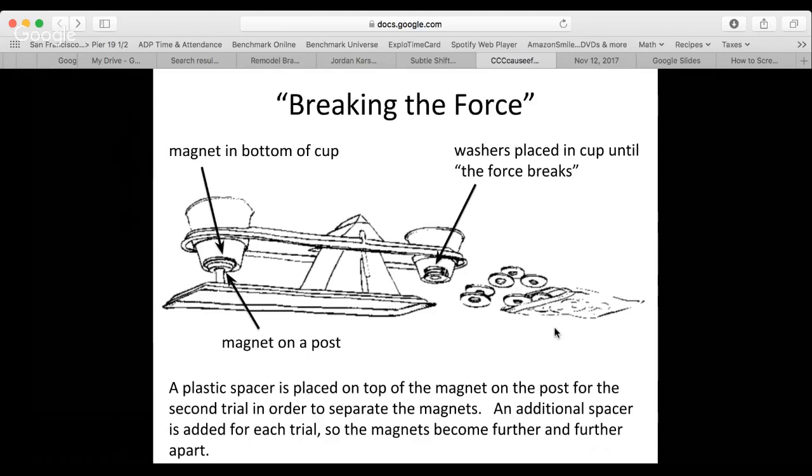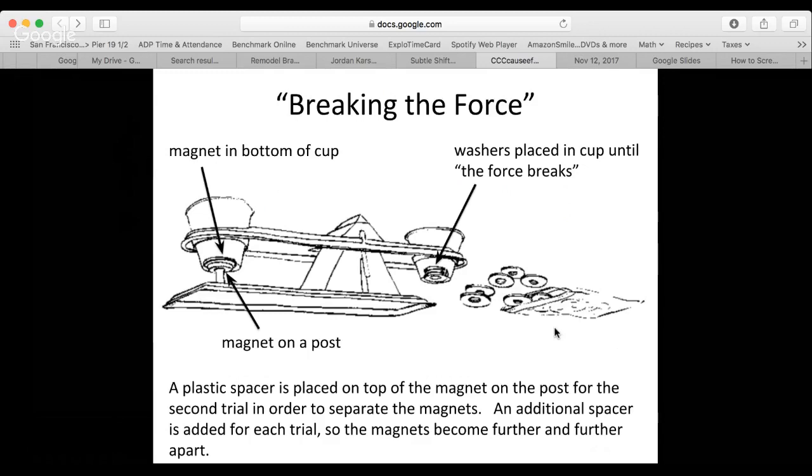with two cups. There was a magnet on the post on the left-hand side, and then inside the plastic cup was another magnet that was attracted to the magnet on the post. The students would then place washers one at a time in the cup on the right side until they were able to separate the cups so they broke the force.